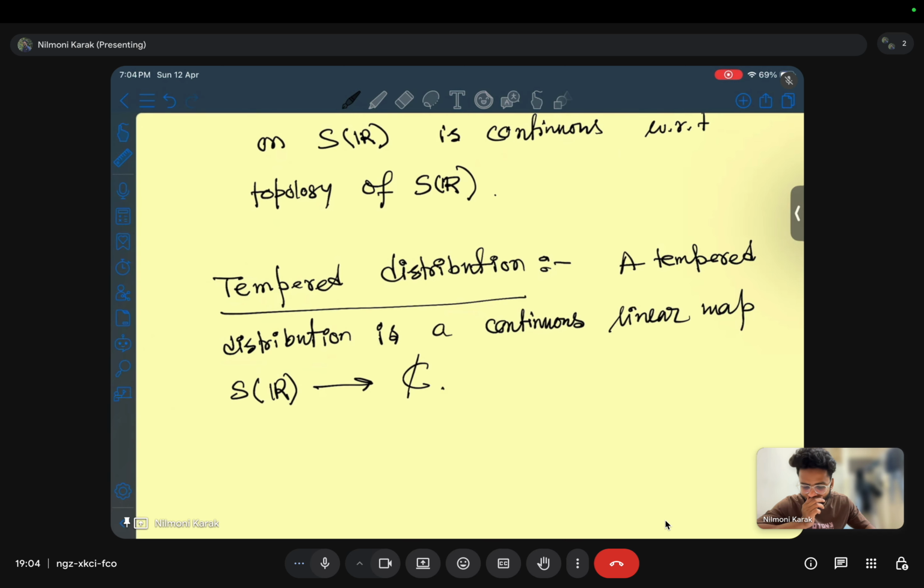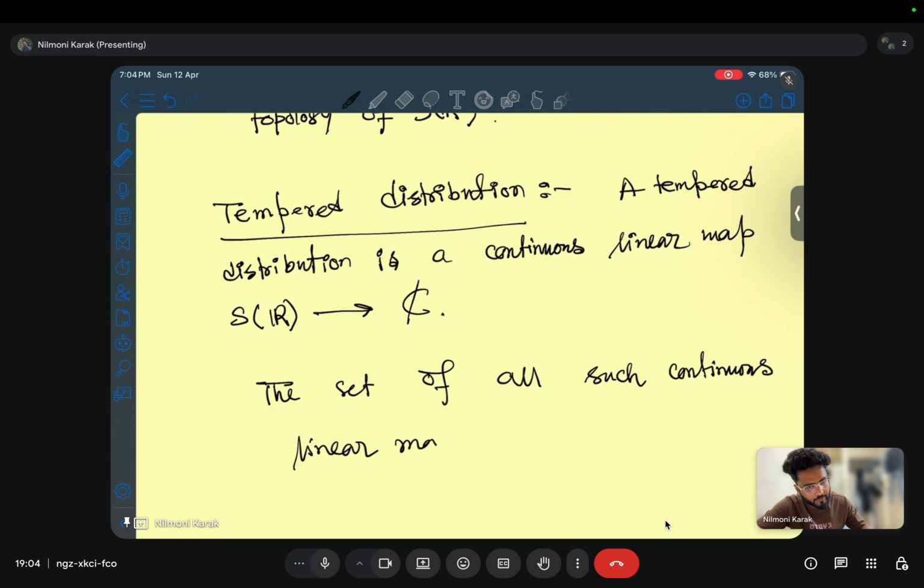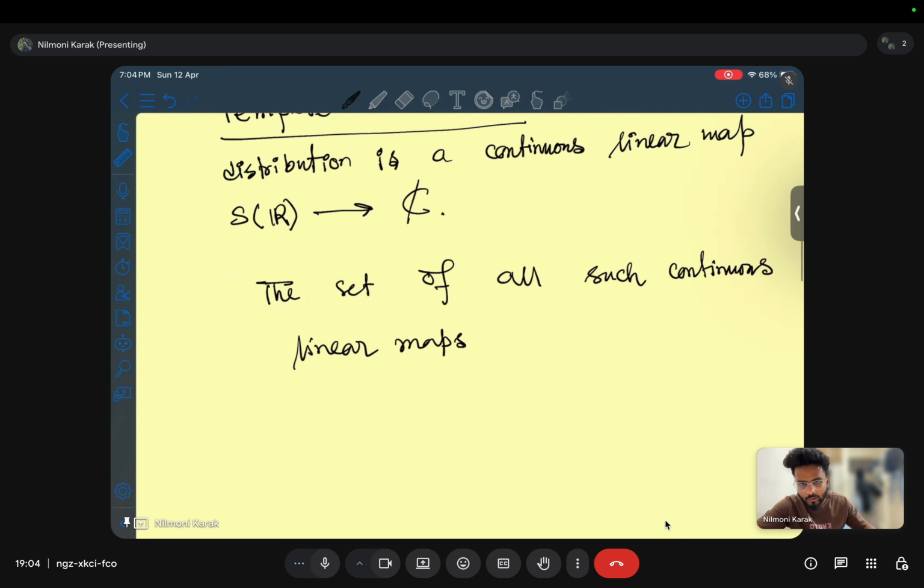This is simple. And the set of all such continuous linear maps is denoted by S'(R).